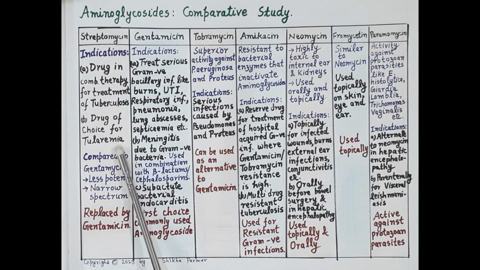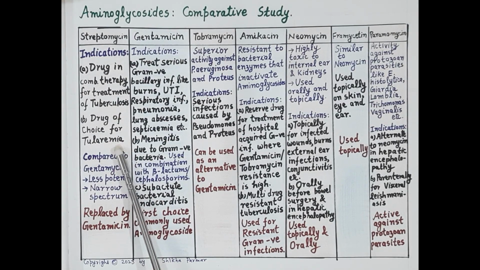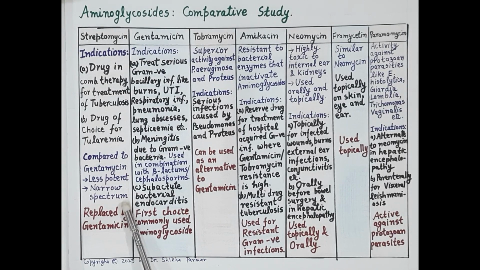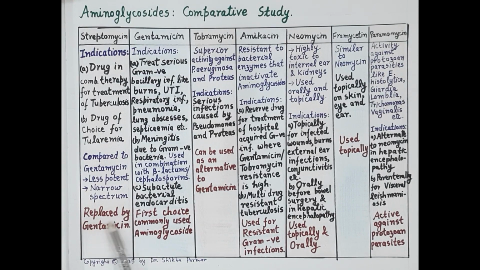It is also a drug of choice for the treatment of a rare disease, tularemia. In comparison to gentamicin, streptomycin is less potent and has a narrow antibacterial spectrum, and thus it has been replaced by gentamicin.